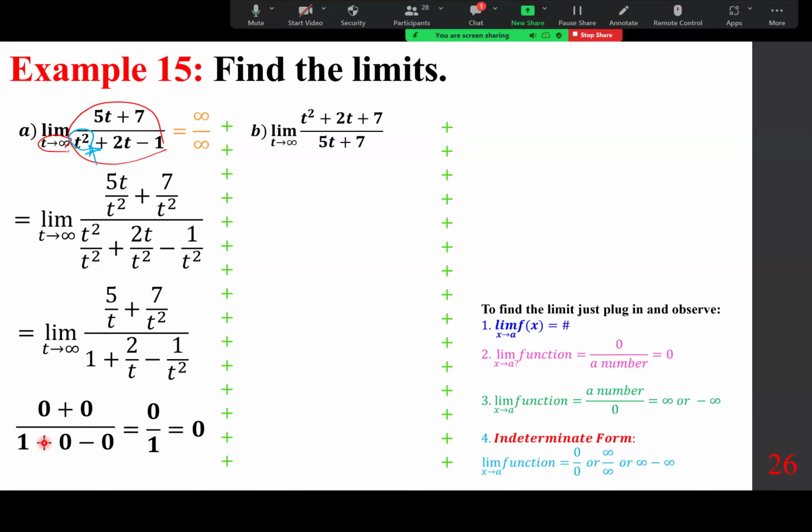We are looking at part B, and if we plug in as t approaches infinity, we get the same thing, infinity over infinity. Because this is a rational function, and because t is approaching infinity, either infinity or negative infinity, the technique is to divide by the highest degree term in the denominator. We must divide by t and simplify.